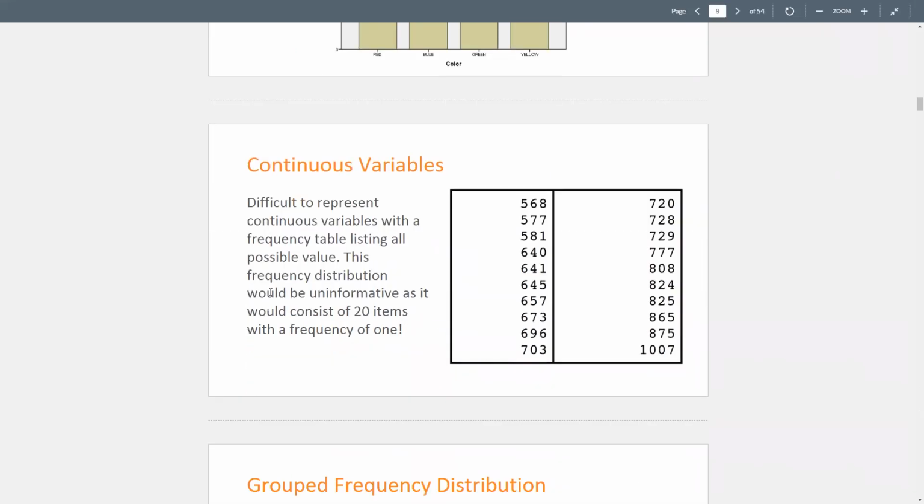For continuous variables, and you'll notice this in SPSS, it's difficult to represent with a frequency table. If you run a frequency in SPSS with a continuous variable, you'll just get a really long table, which is not as useful.